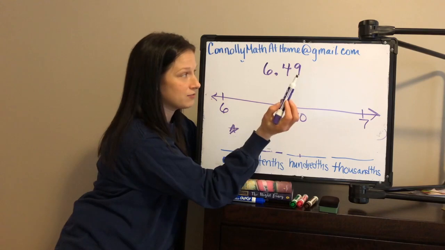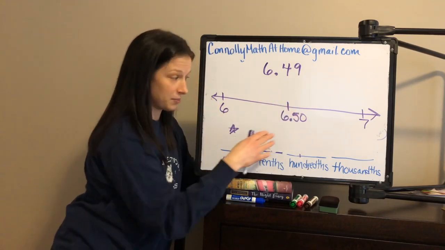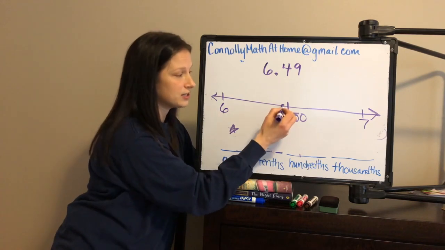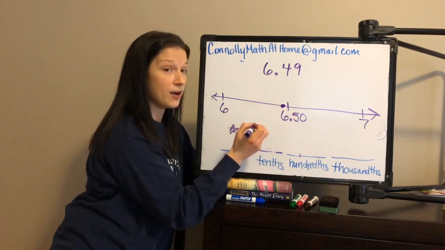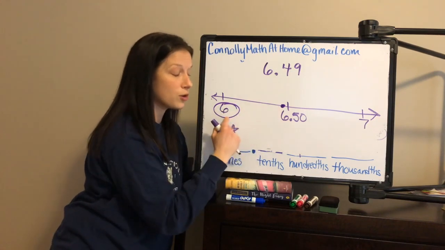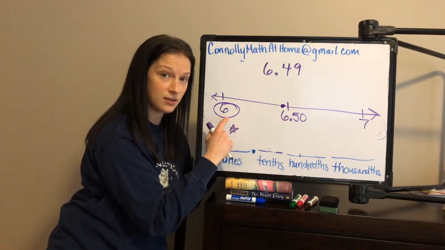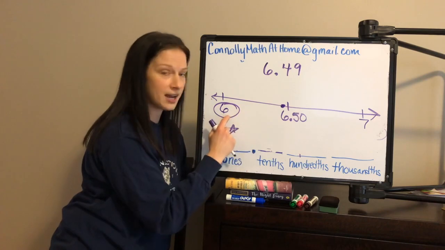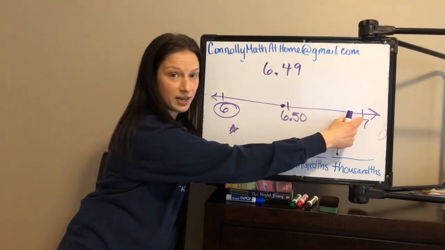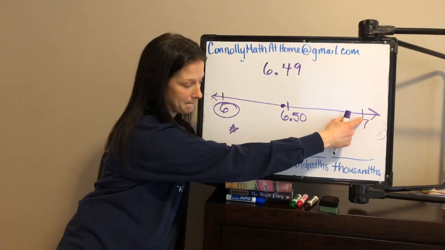If I was putting 6 and 49 hundredths on the number line, it would be right below 6 and 50 hundredths. So I know that I'm rounding down because it is closer to 6 ones. It is only 49 hundredths away from here, and it's 51 hundredths away from here.